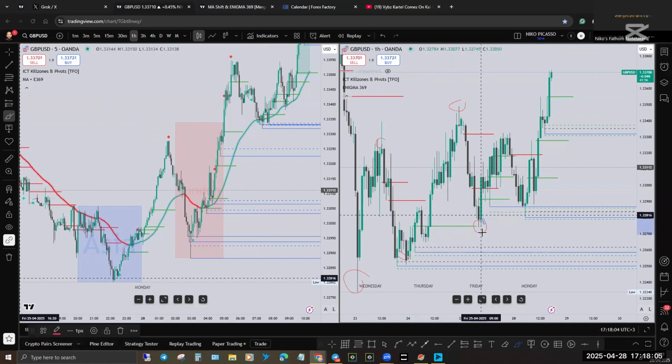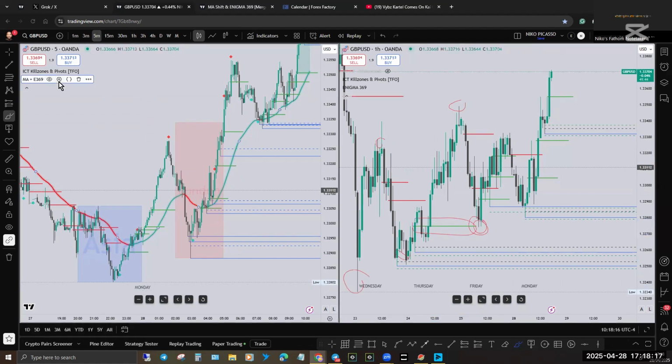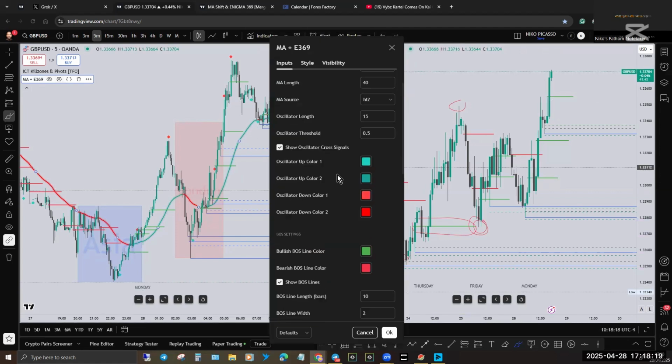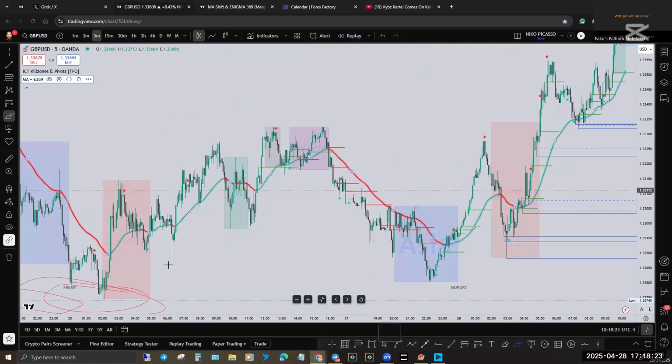Now, as you can see, this higher low is connected to this green line right here, and that green line is connected to the bullish break of structure, which is part of the Enigma logic inside the indicator, right?